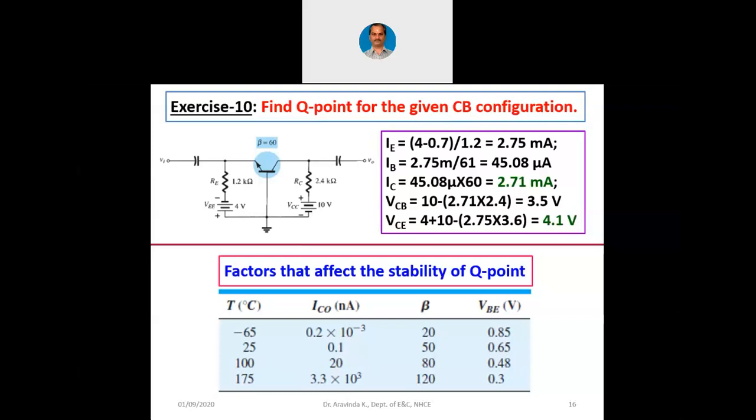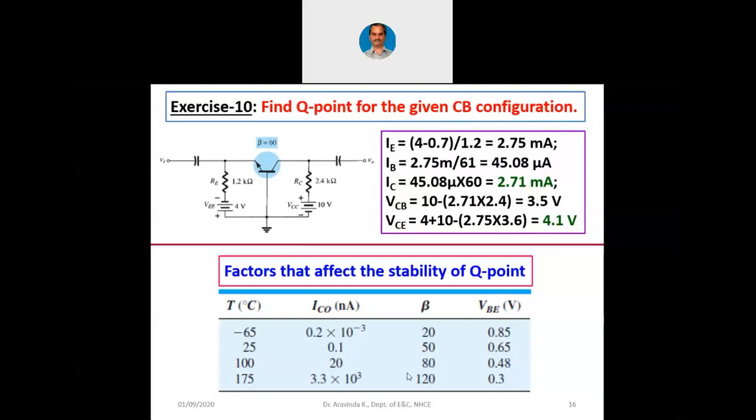So when the reverse current increases, even the forward current also increases. When the forward current increases, naturally beta also increases. You can see that at minus 65 degrees centigrade, beta is 20, at 25 degrees centigrade beta is 50, at 100 degrees centigrade beta is 80, at 175 degrees centigrade beta is 120.